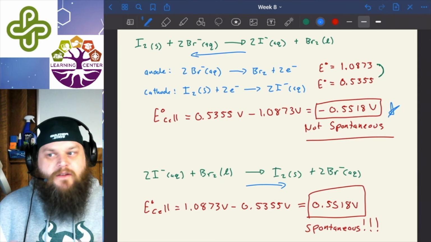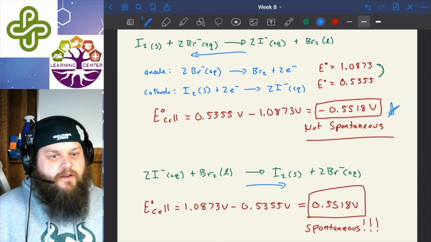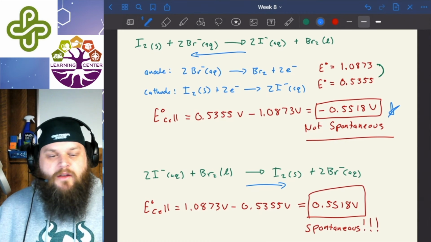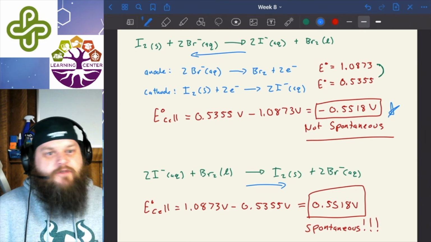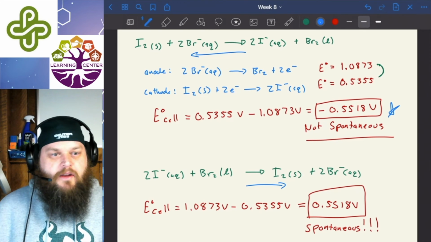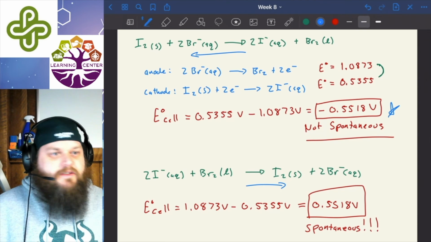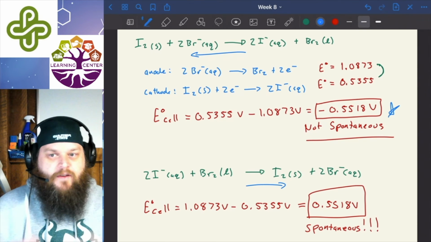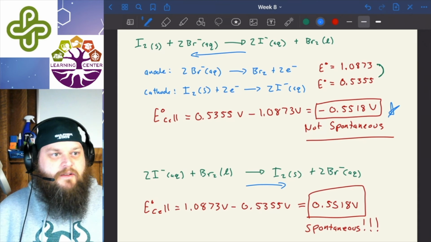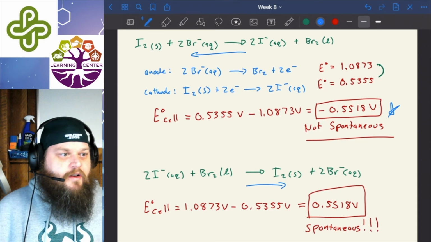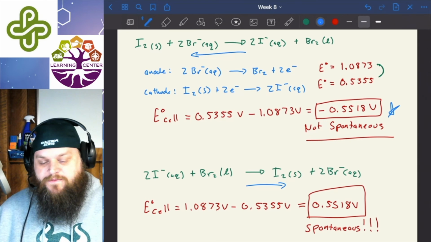If it was a positive value, it wasn't a spontaneous reaction. And Gibbs free energy took into account the enthalpy and entropy of the system to find that Gibbs free energy. So the cell potential is kind of an easier way, if you've got a voltage meter around, to determine what those voltages are. You can also just look them up on tables as well.